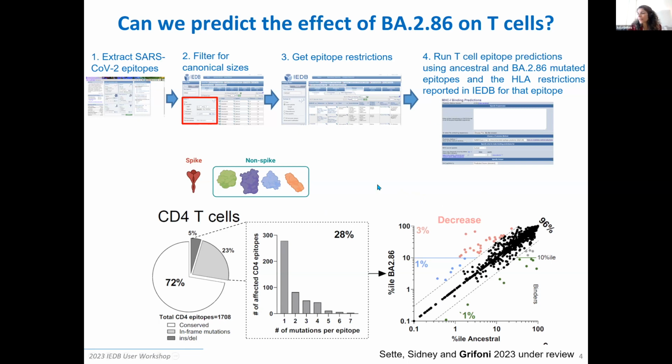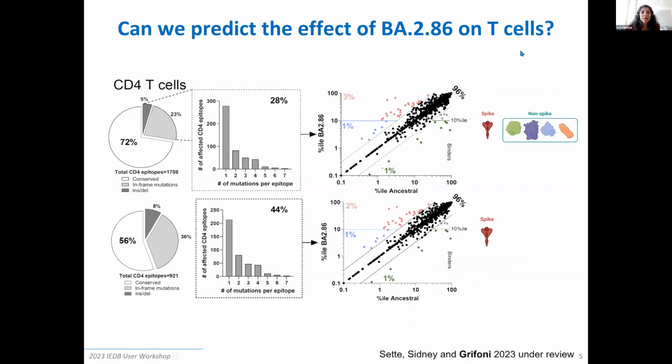I started my talk essentially telling you that the majority of the mutations are on the spike. So what happens if we narrow down our query just to spike epitopes? And so here are the results for the different proteins, and here below you see the spike. So you do see that indeed in terms of 100% conservation, the number goes down.